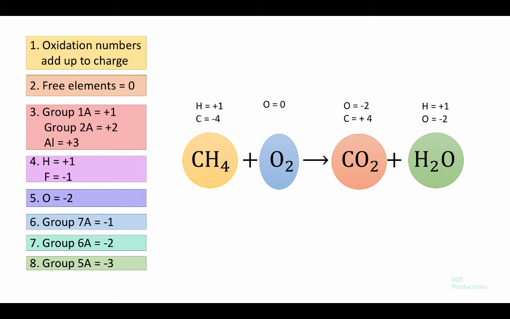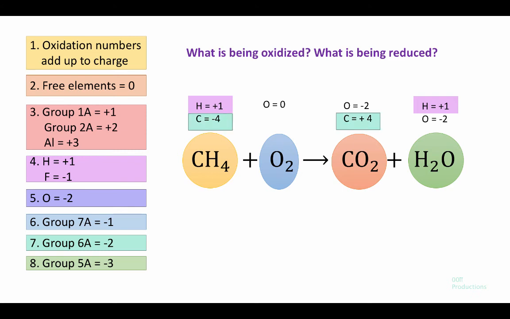Now let's look at what's changing, what is being oxidized, and what is being reduced. Start with hydrogen. Hydrogen has +1 charge on the left side of the equation, and it also has a +1 charge on the right side of the equation. So hydrogen is actually not gaining or losing electrons. How about carbon? Carbon starts at a -4 and it ends at a +4.